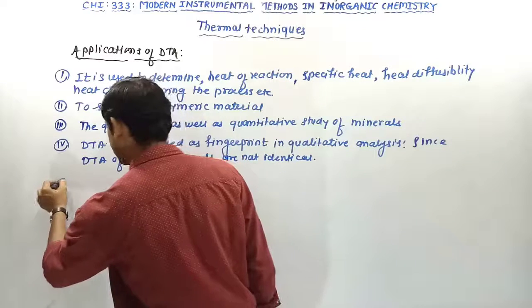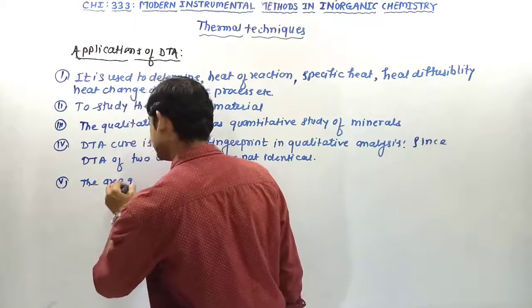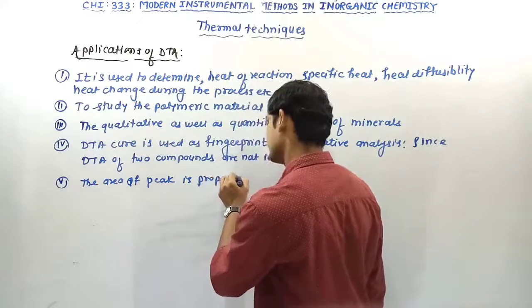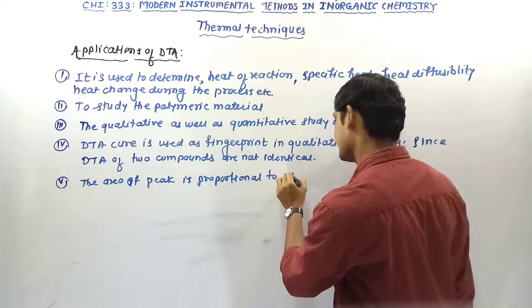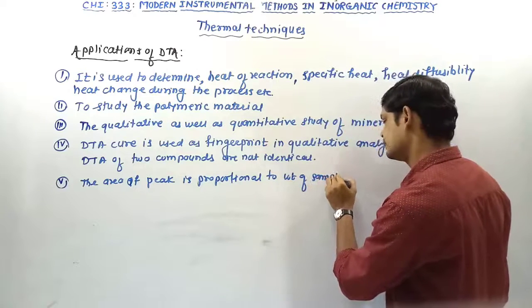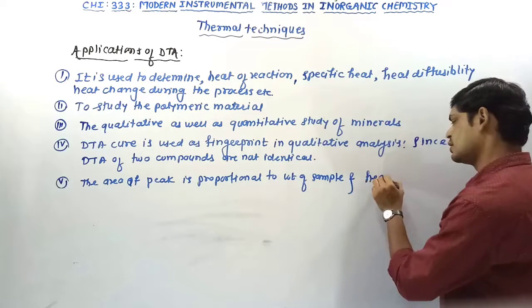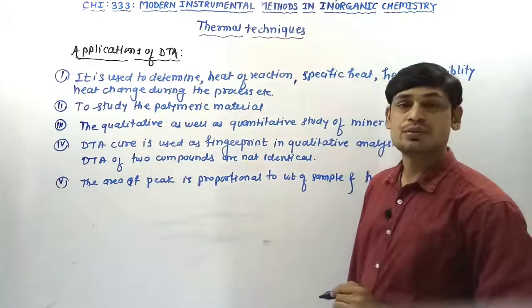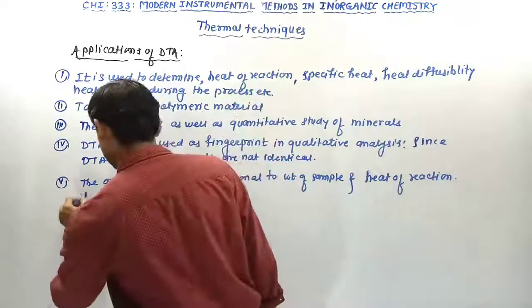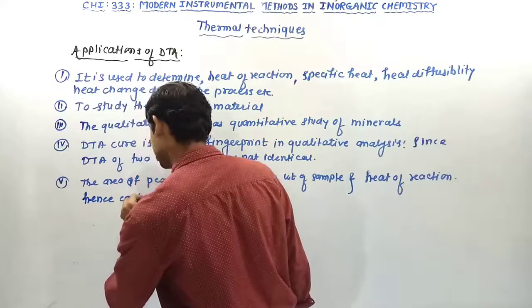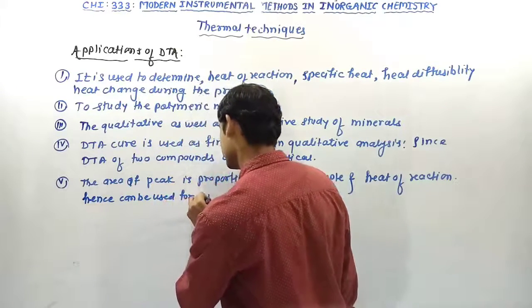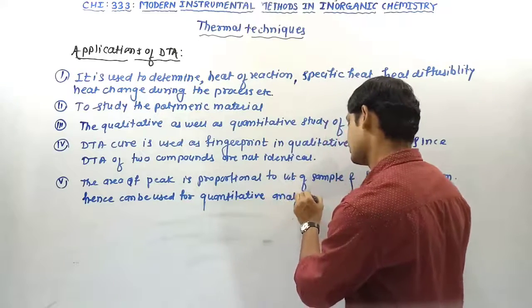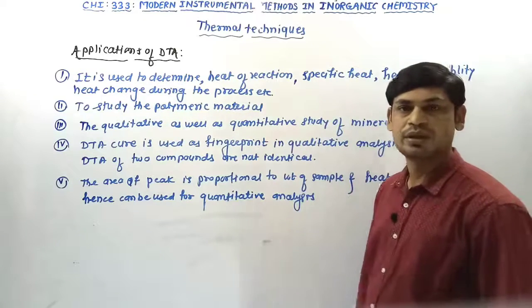The area of the peak is proportional to the weight of sample and heat of reaction, and therefore can be used for quantitative analysis.